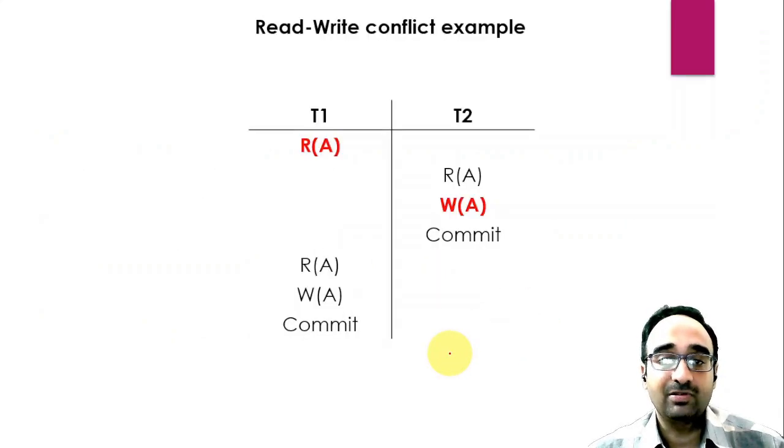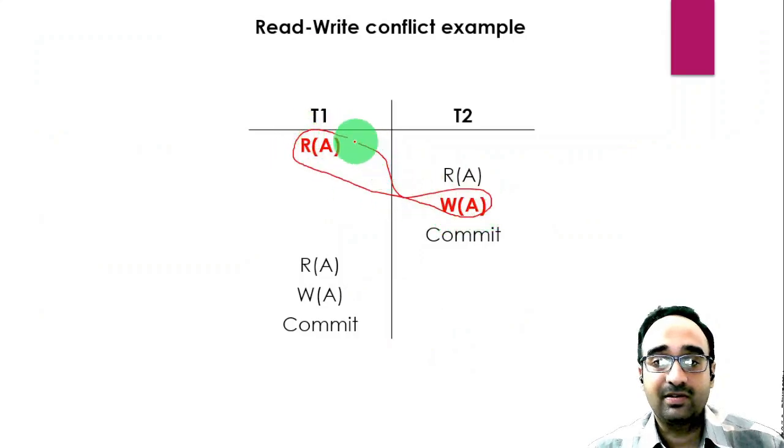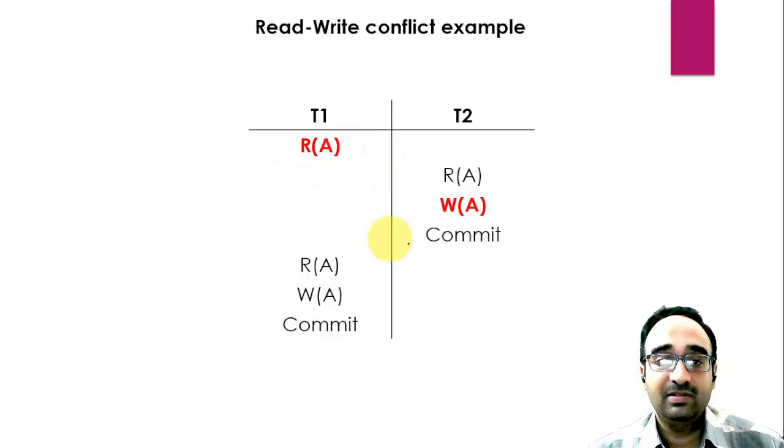So let's see an example to better understand this. So this is read write conflict. T2 is writing on something which is already read by T1. Transaction T2 is writing the value of an object which is already read by T1.